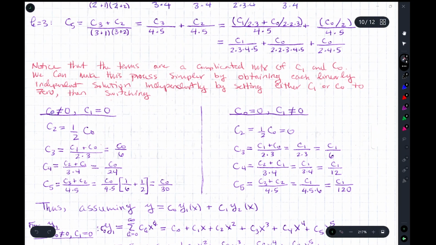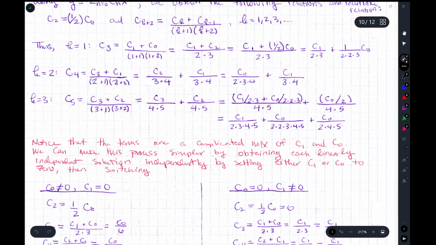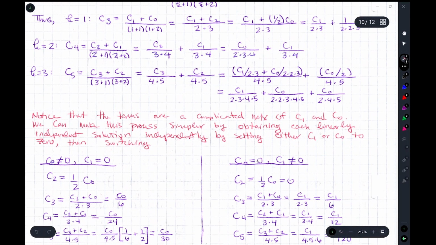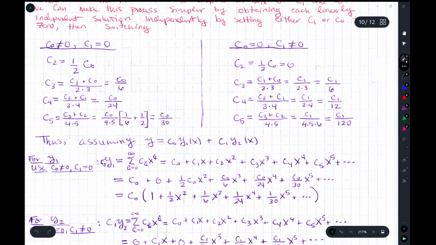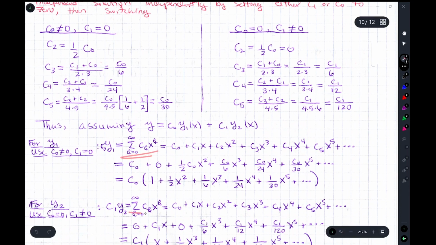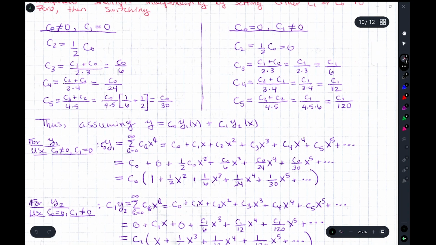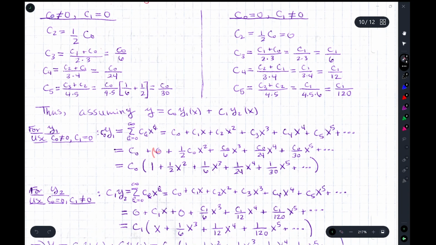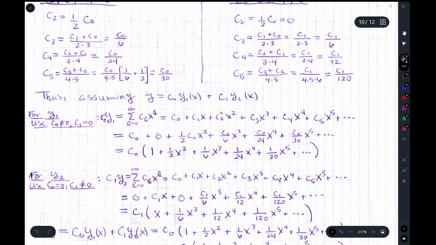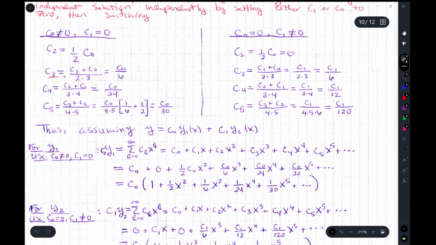If you don't like it, you could just continue on with the other way and combine C1s and C0s just as we've done in the previous problems. But if you choose to go this route, remember that you're getting the same sort of expansion. You're turning off one versus the other, and so you have to use the same expansion. The only confusion here is that you might see C1 is something here, it's 0, but C1 is not here, and then you get, for C3, these turn out to be the same, but C4 here is C0 over 24, and C4 here is C1 over 12.